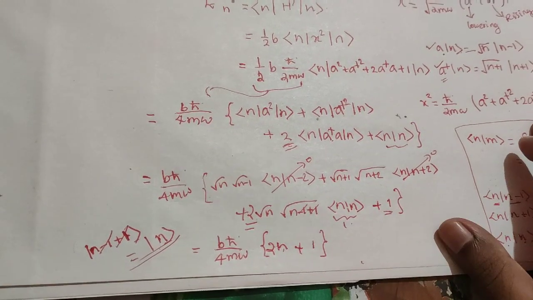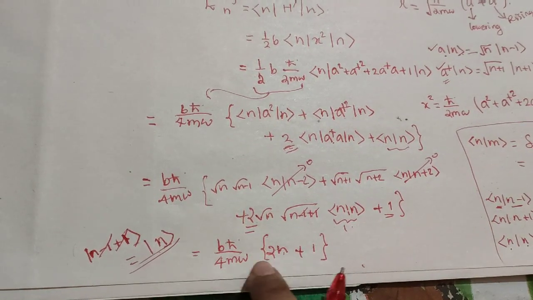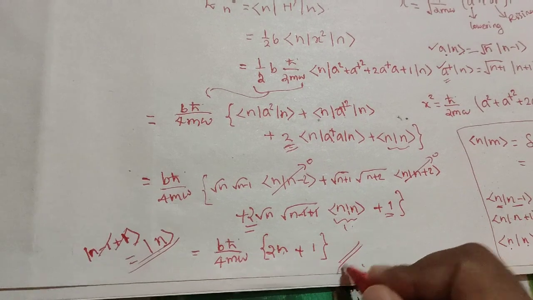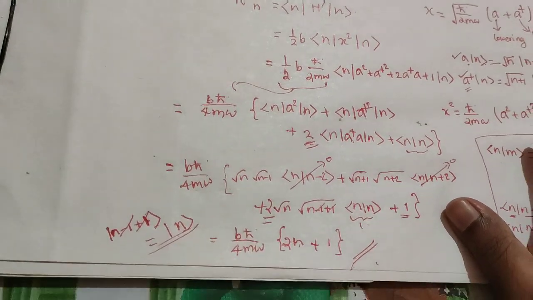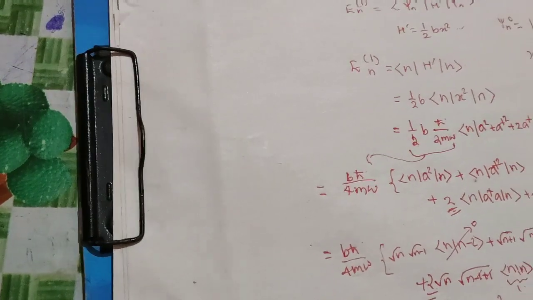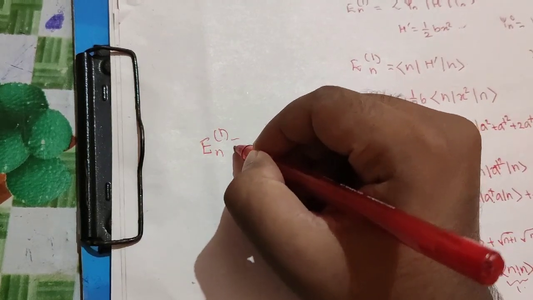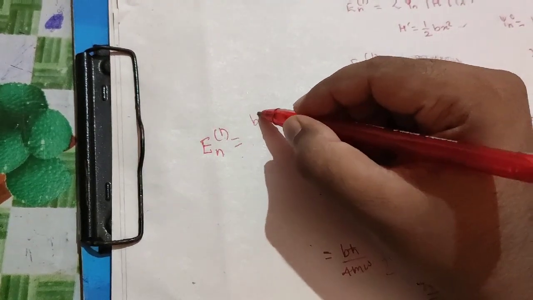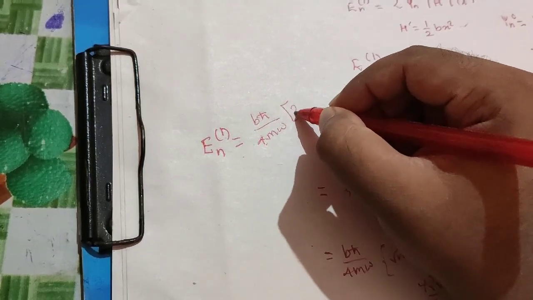So this is the final answer: b h bar by 4 m omega times (2n plus 1). This is the final answer, the first order correction in energy. So the final answer is: En1, the first order correction in energy, is b h bar by 4 m omega times (2n plus 1).